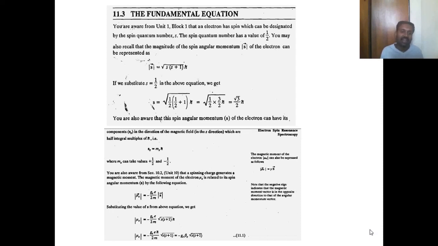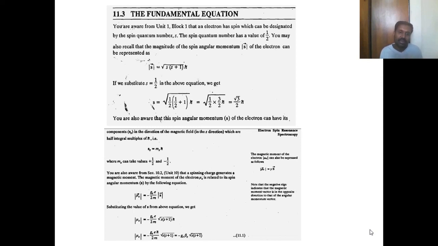Now, let us arrive at an equation for the energy of these spin states. What are the spin states? The spin state which is characterized by +1/2, and the other which is characterized by -1/2. A spinning charge creates a magnetic moment.